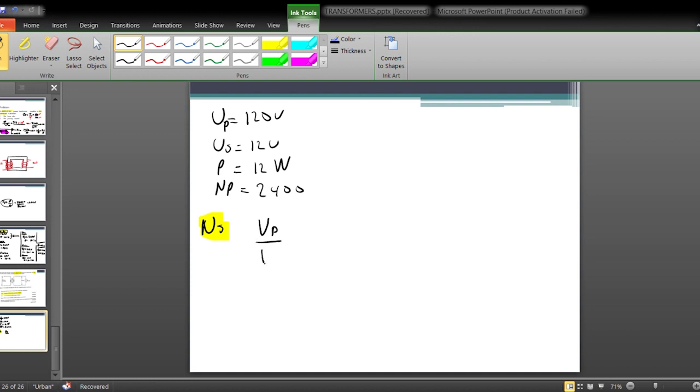VP over VS is equal to NP over NS. Let us plug in the values. What is VP? VP is 120 volts divided by 12 volts equals to NP, which is 2,400 turns, divided by NS.